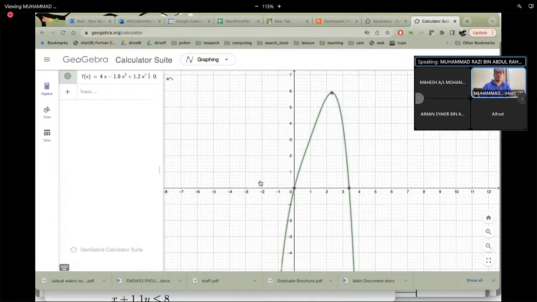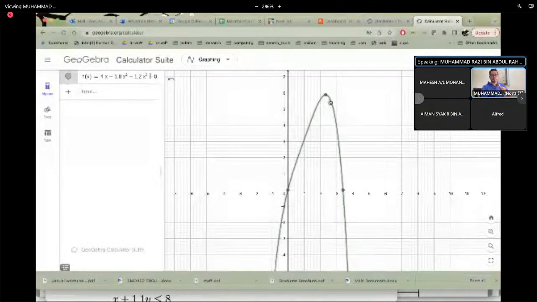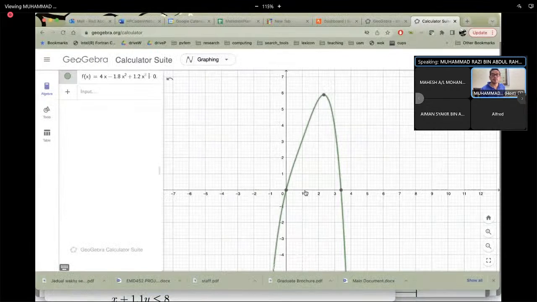So now you see there is a single maximum. That's what we want to put the bracket in.